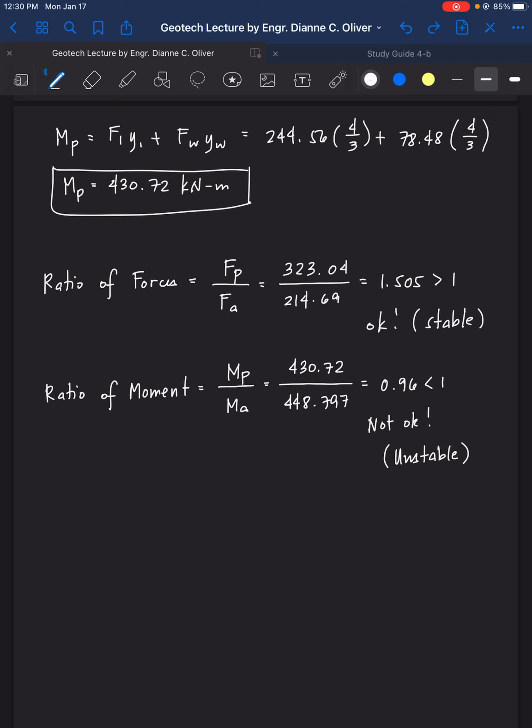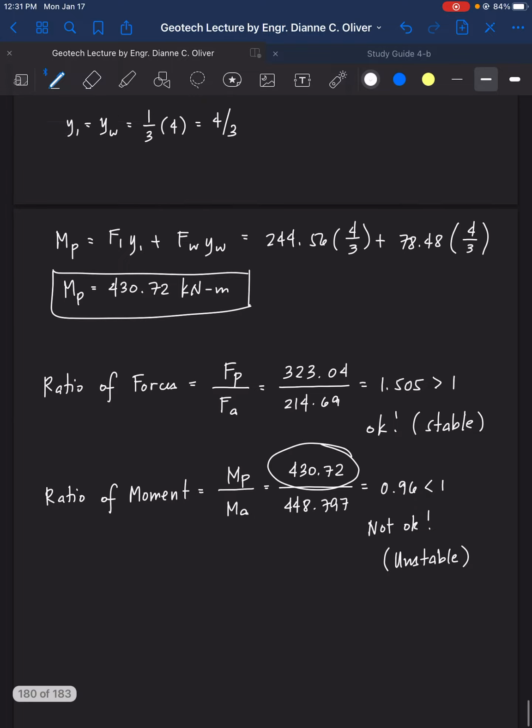So why is that? It means we can adjust, when we are talking about moment, of course, we are multiplying force times the distance.